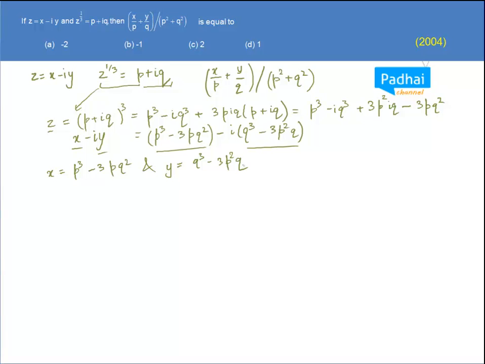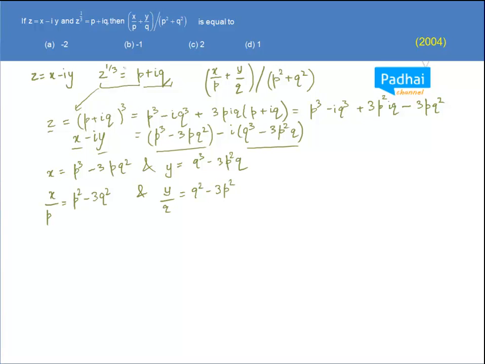Okay, so this is what I have already found out. Now I need to find the value of x by p and y by q. If I divide the x equation by p, I'll get p square minus 3q square, and if I divide y by q, I'll get q square minus 3p square.